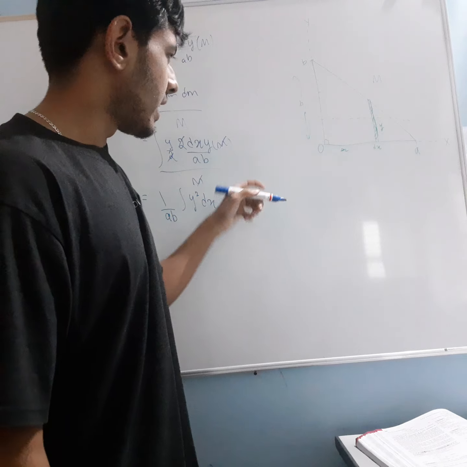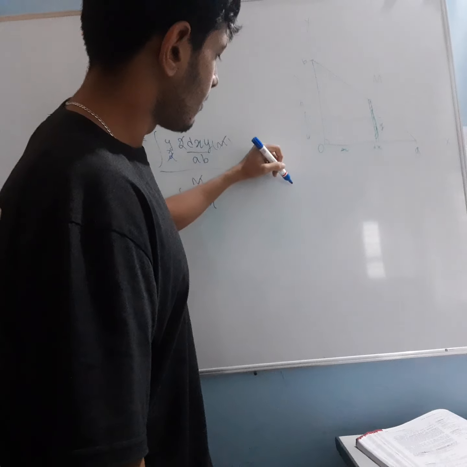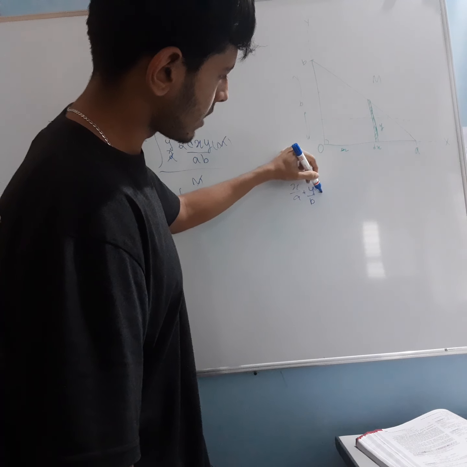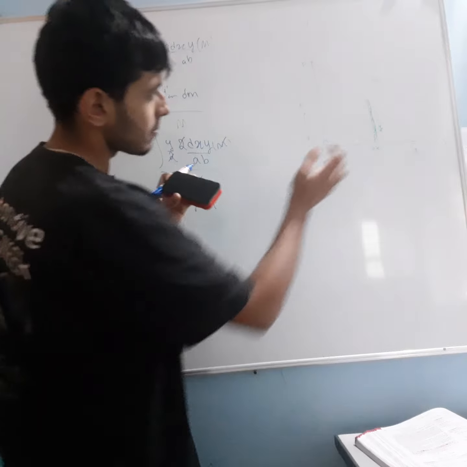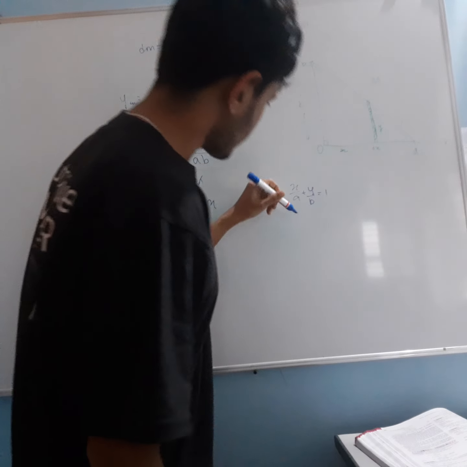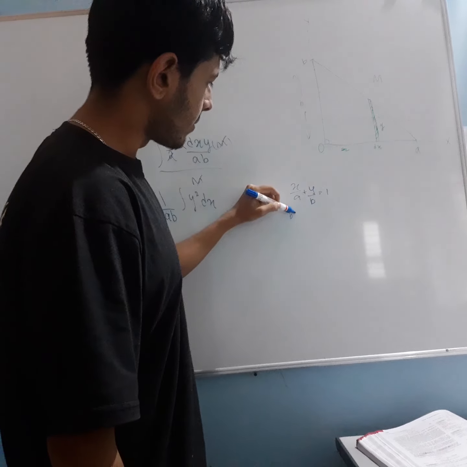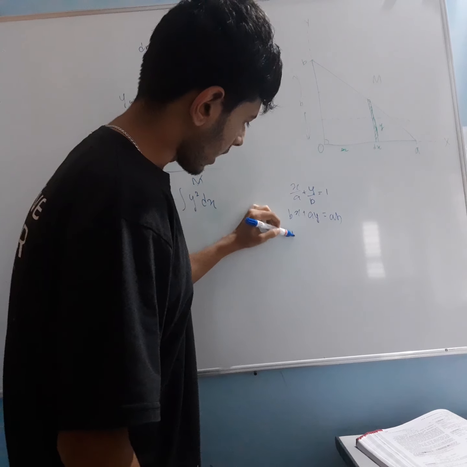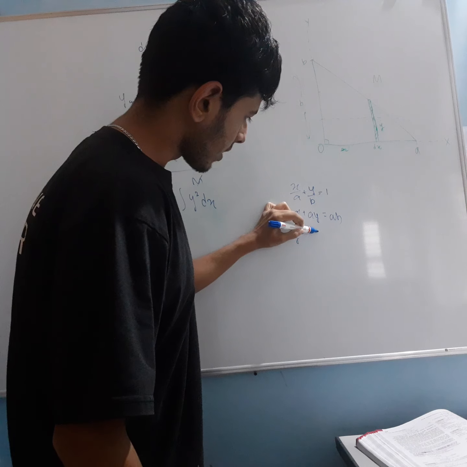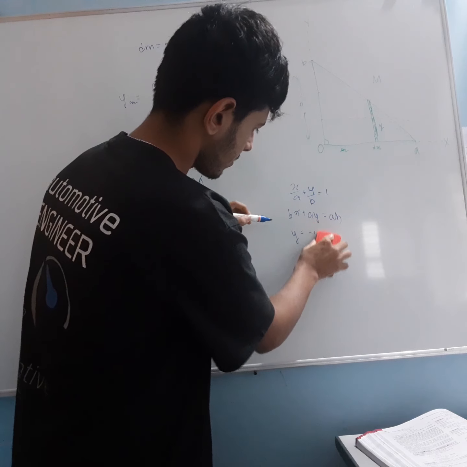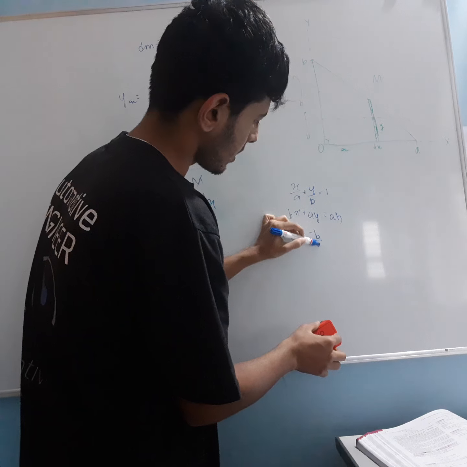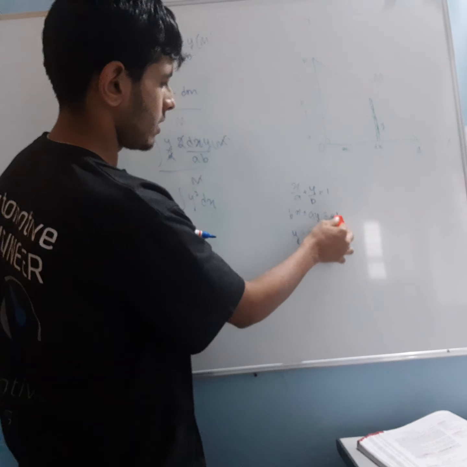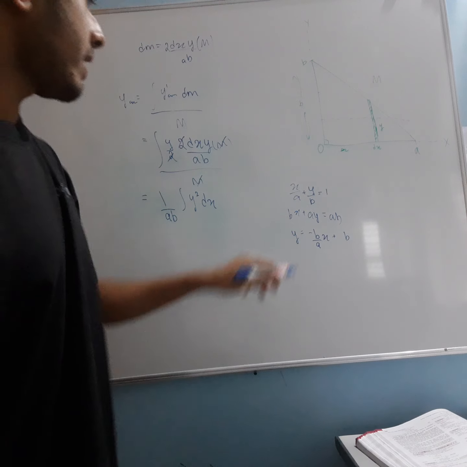So by the line intercept form, what we get is x over a plus y over b is equal to 1. So this is the line that represents the hypotenuse. And simplifying this, you get bx plus ay equals ab, and y is equal to minus b upon a x plus b. So this is what you get.